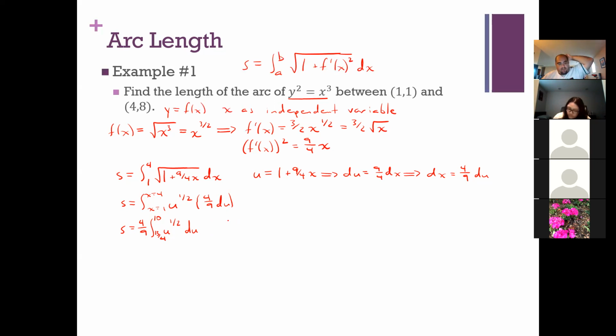So I'll go ahead and pause here for a beat because we're almost done. We've set up the integral, we've used substitution to make it a little easier to handle. But unless there are any questions, I think we're ready to go ahead and compute it.